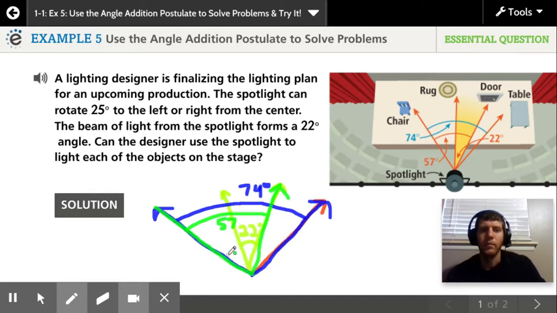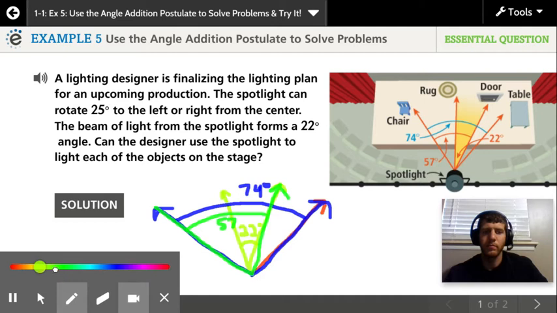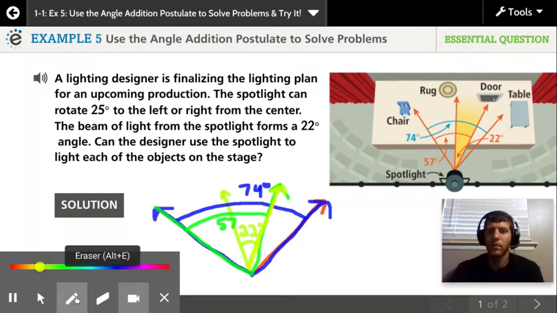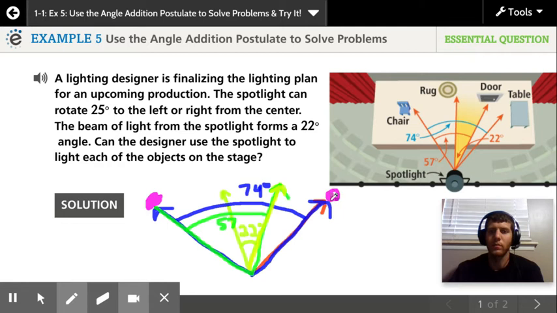All right, and we know we can rotate this beam. That's the yellow one. We can rotate it 25 degrees to the right, 25 degrees to the left, and our goal is to see if we can hit the chair and the table. So chair's over here, table's over here. We need to see if we can hit those objects.